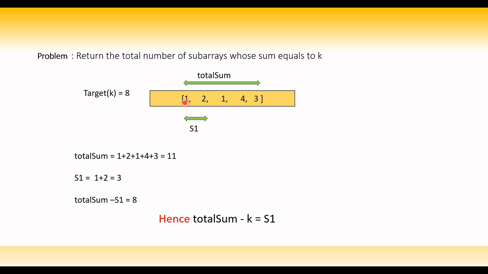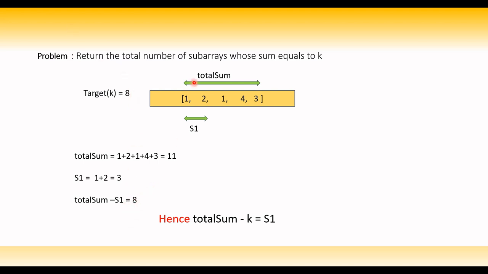Now when we reach from 0th index to last index, the sum will be 11, and we also visited the first two indexes when the value of the total sum was 3, so I've named it as s1. So if we subtract the total sum minus s1, 11 minus 3 will fetch you 8.